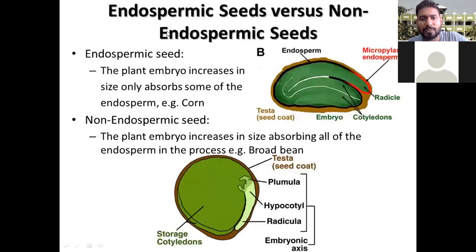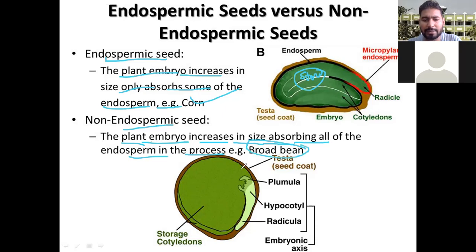Is it okay? You can see again endospermic and non-endospermic seed. Endospermic means monocot. The plant embryo increases in size and absorbs only some of the endosperm. They have reserved storage food material. Non-endospermous means completely consumed. The plant embryo increases in size, absorbing all the endosperm during development.